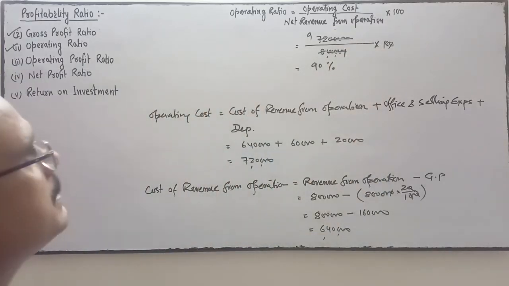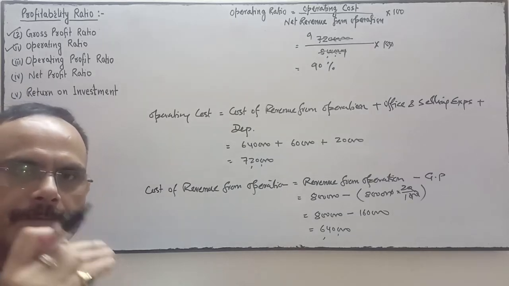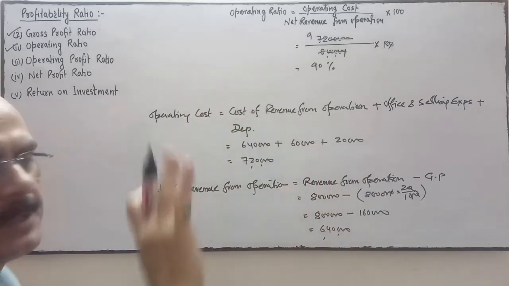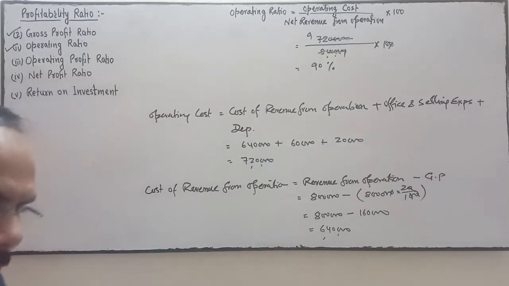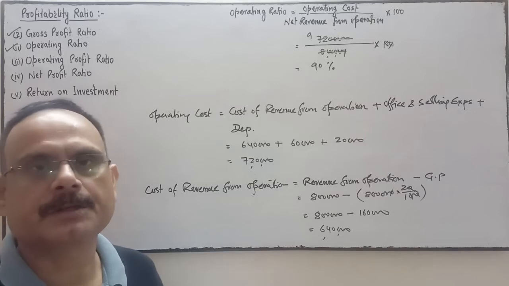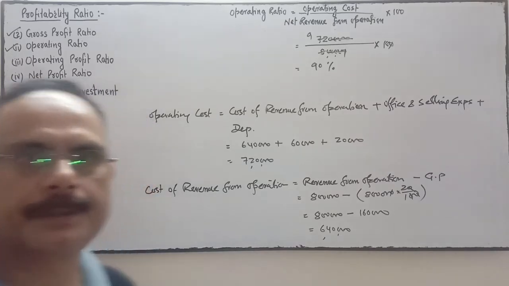Operating ratio is 90% as compared to revenue from operation. From the revenue from operation, operating cost is 90%. It is too high. It should be low, then the company can bear the other non-operating expenses and losses. Then the company will earn some net profit.